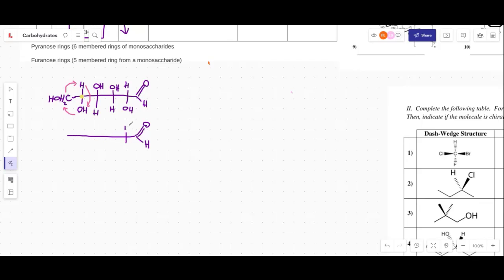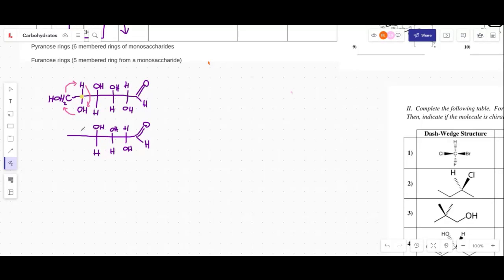And so this H is still going to be up, OH is still going to be down. This OH is still going to be up, this H is still going to be down. This OH is still going to be up, this OH is still going to be down.